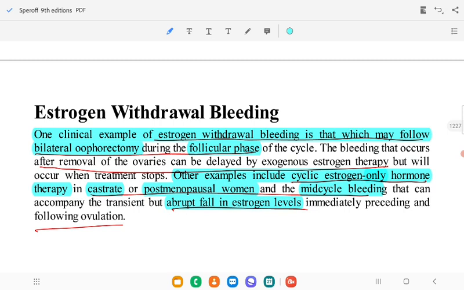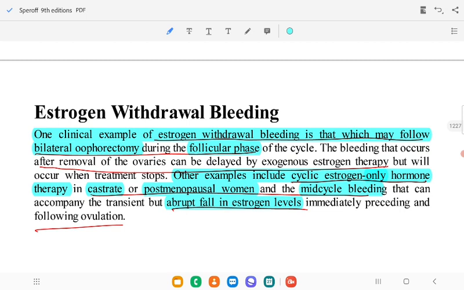It can be delayed by excess estrogen therapy, then if you stop, it will bleed. Another example is cyclic estrogen-only hormone therapy in a castrate or postmenopausal woman. Another example is mid-cycle bleeding that can accompany a transient but abrupt fall in estrogen level.